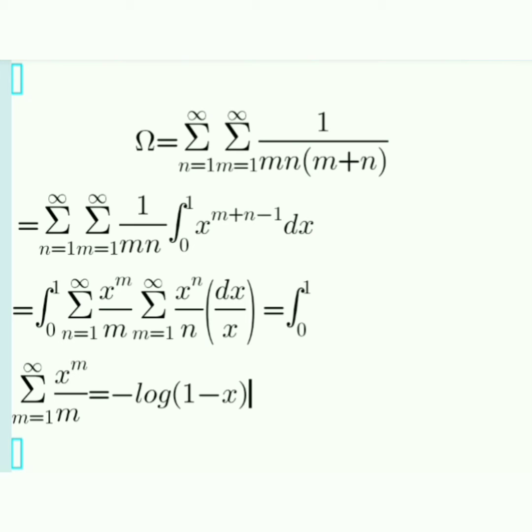Similarly for n, with x to the power n by n.